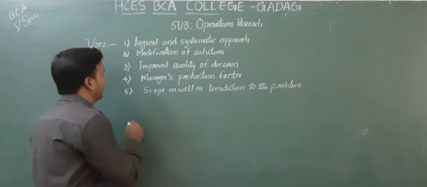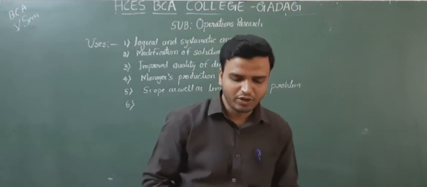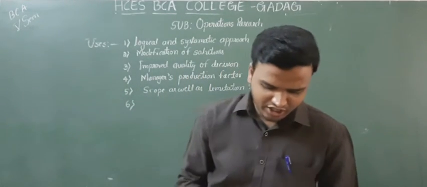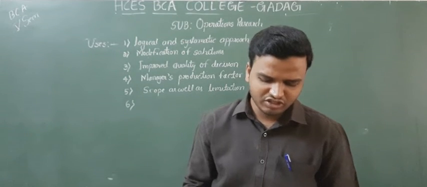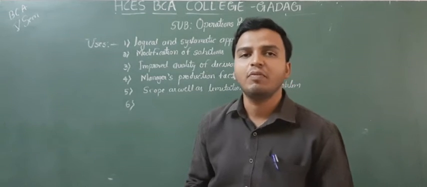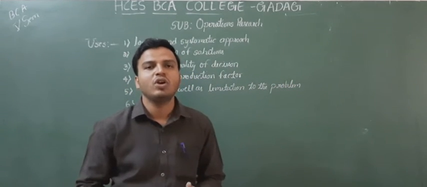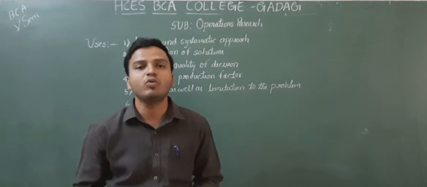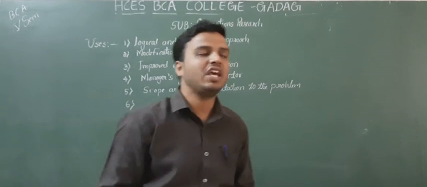The sixth use of operation research is that it aids in the preparation of future managers by improving their knowledge and skill. It helps managers to improve their knowledge as well as skill.